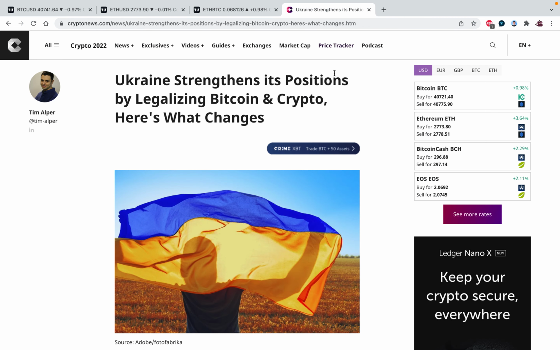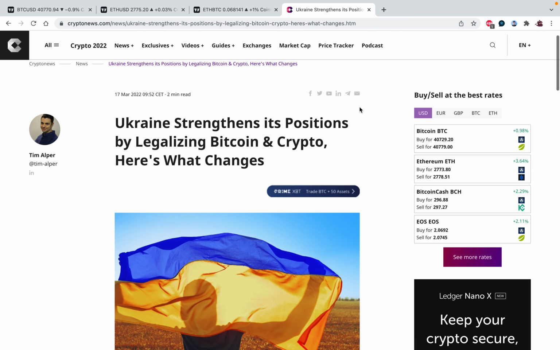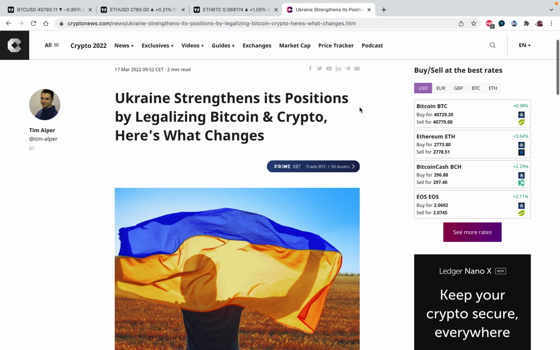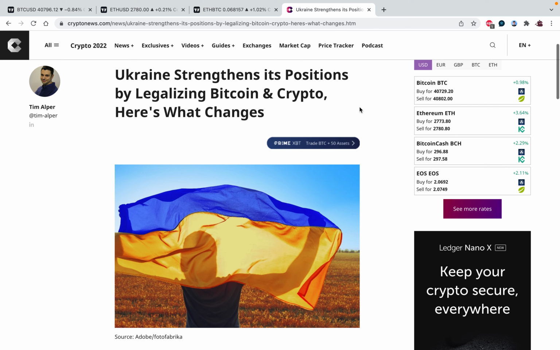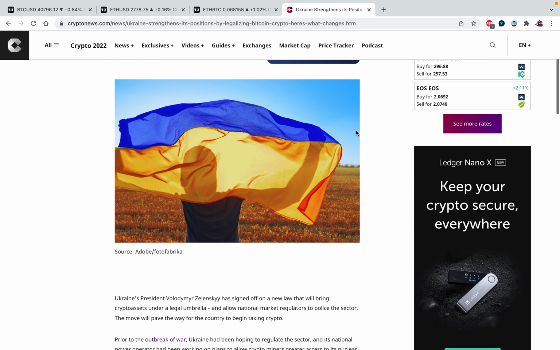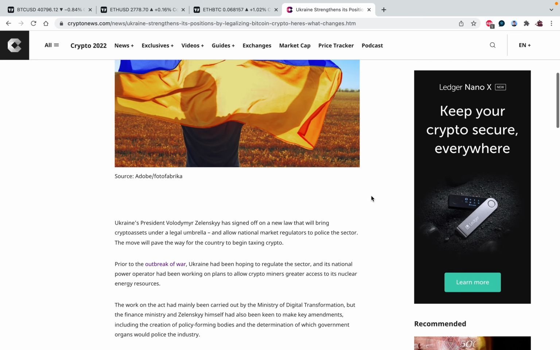Just a little bit of news from Ukraine. Possibly one of the best things in the news, I guess, because the war, I think, is terrible right now. But Ukraine has been signing a legalization for Bitcoin and crypto, which seems like big news, but it's not that big.